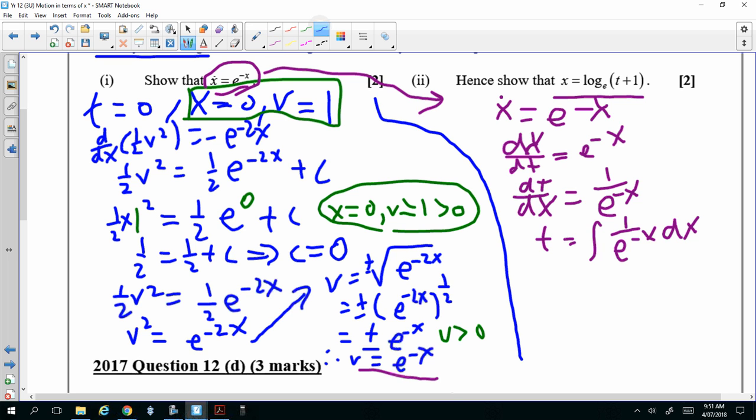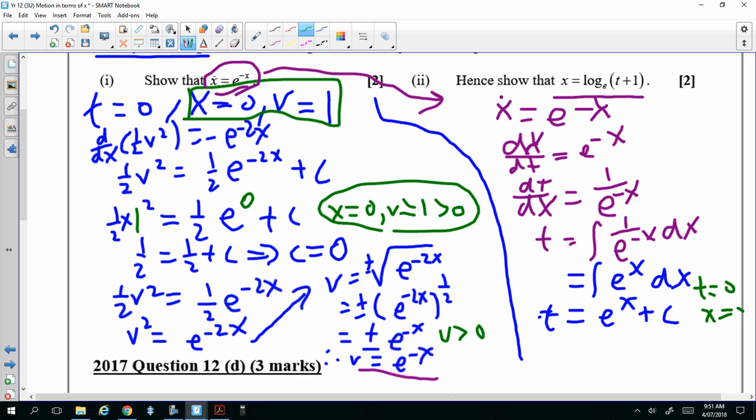Now, after we do this, we use the fact that when t equal to 0, x equal to 0. And then you can use it to find c. So e to the power 0 is 1. Therefore, c is negative 1. So now update your formula.